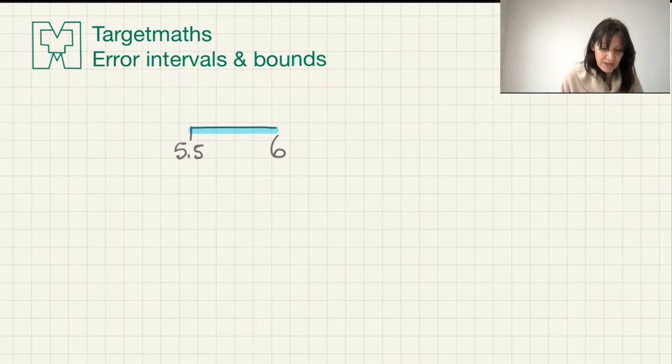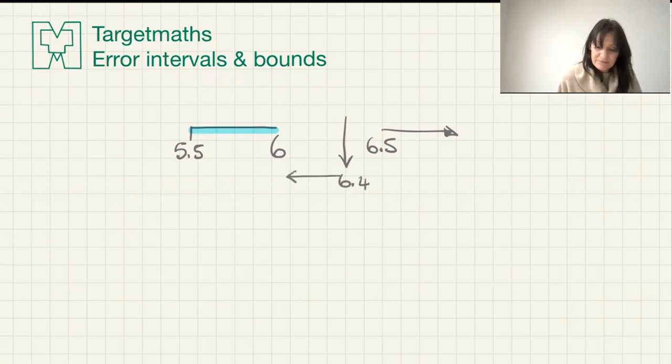Okay. Let's look at the highest possible value. Now, 6.5 would be rounding up. But the number before 6.5, which would be 6.4, that would definitely round towards the 6. So would 6.49. So would 6.49 and 9 and on and on it goes.